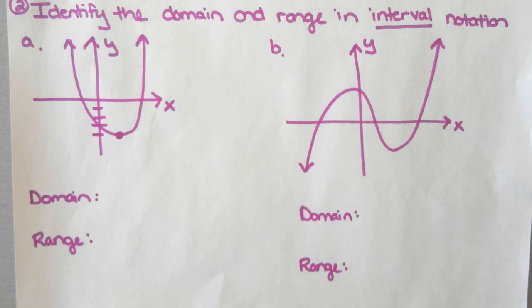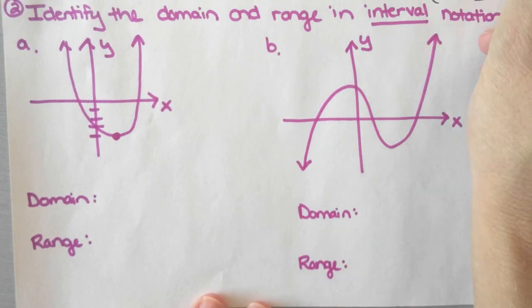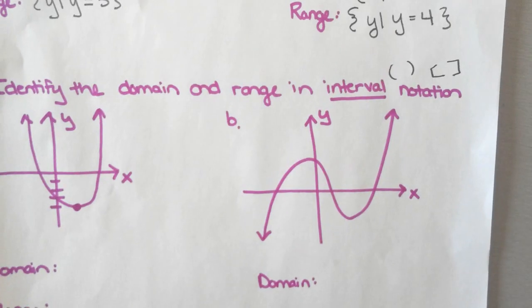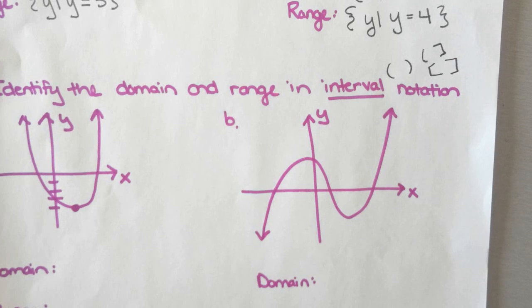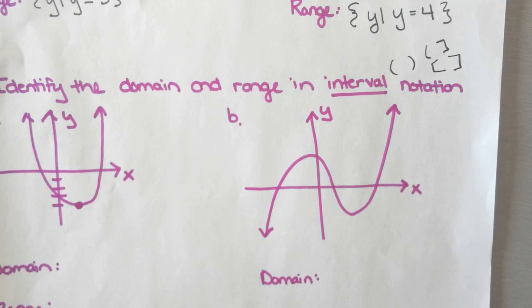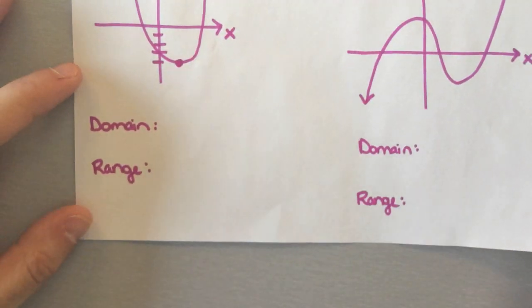When I look at the domain and range, remember in interval notation we've got parentheses or brackets. You could even have a parenthesis with a bracket, so there are different combinations you could have here. Remember, the parentheses mean that you can't get to that thing, it's not truly included, and the brackets mean that it is included. 2A, the domain.